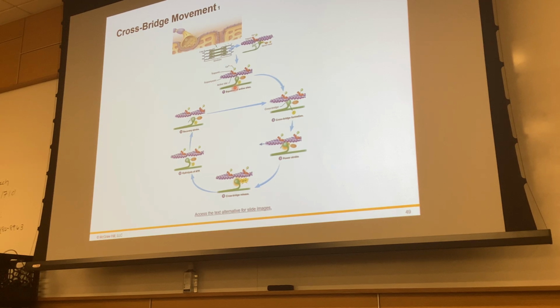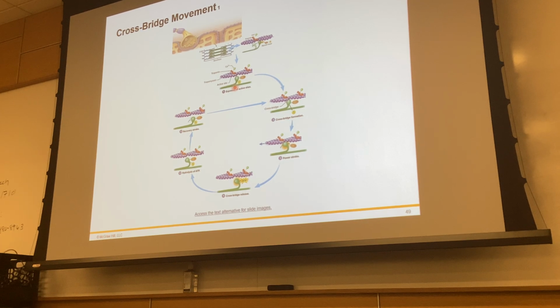Okay, so if I'm oriented back, that's the M line. I'm a myosin, and this is my myosin head. I'm ready to grab an actin. When I grab an actin, I pull it towards the wall. That's the M line, right? When I'm done pulling, I can't pull anymore. My ATP runs out. What do I do?